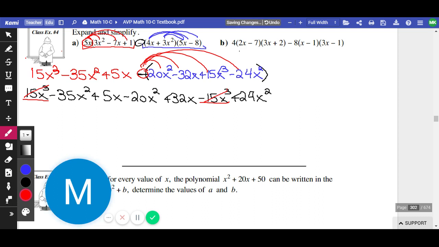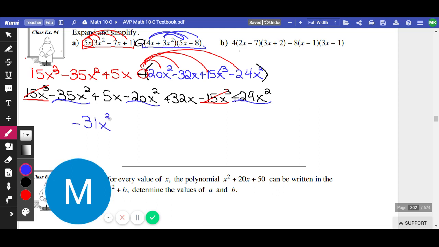Then they would move on to x squared, and they would take all their x squared and maybe put a wavy line under it. When you add all those x squareds, negative 35 minus 20 plus 24 would give me negative 31x squared.